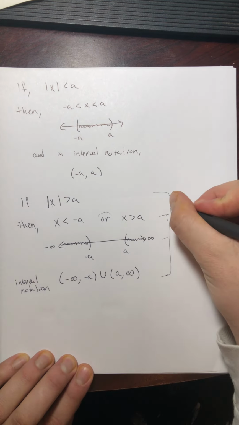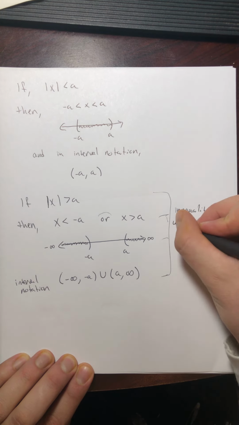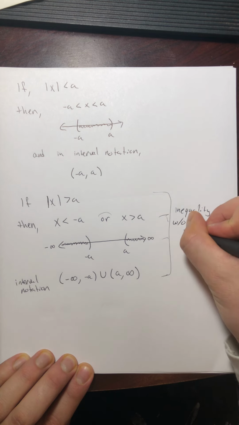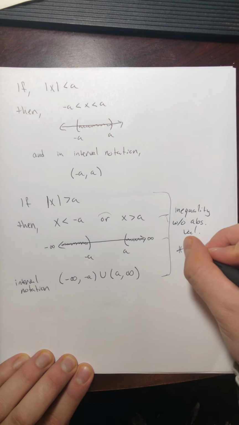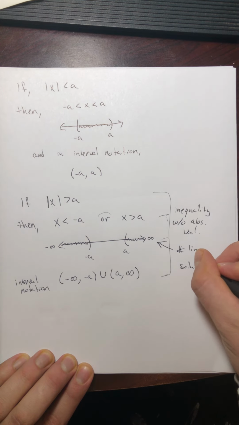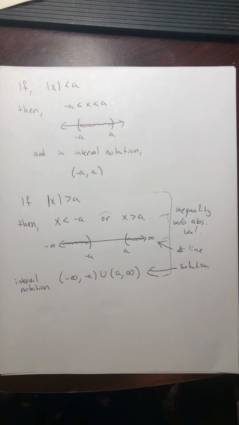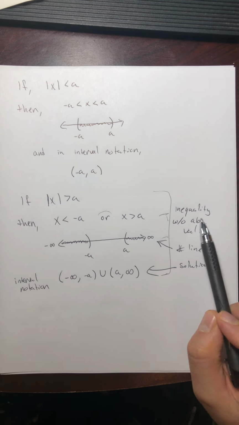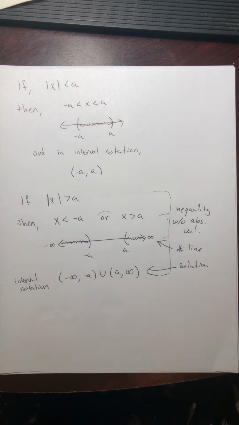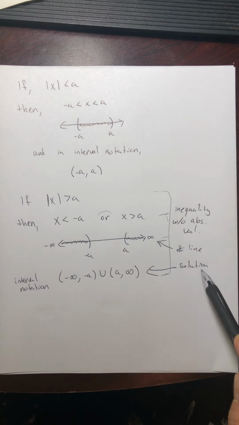So here, we want to be able to write it as an inequality without absolute value, so that way we can solve the inequality, and then once we have the inequality solved, we can graph on a number line and give the solution in interval notation.